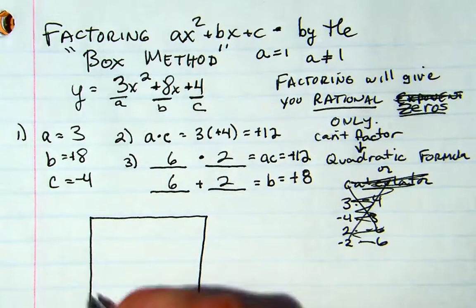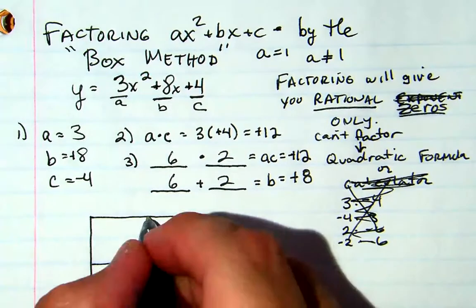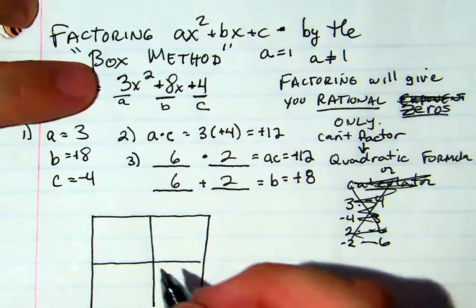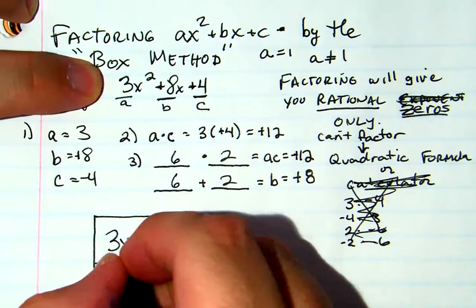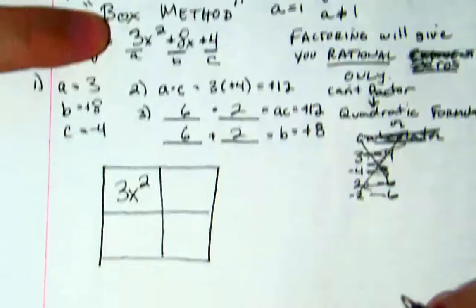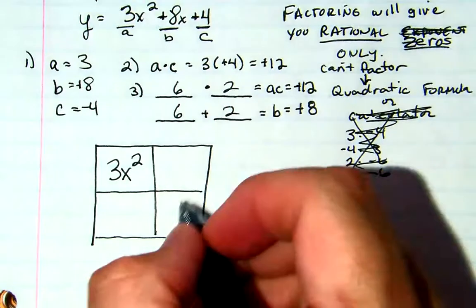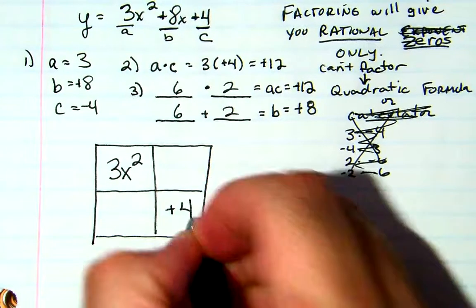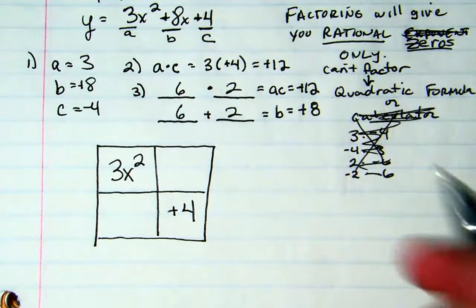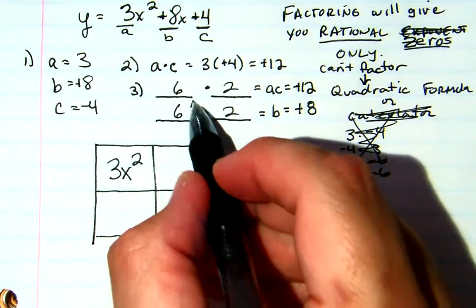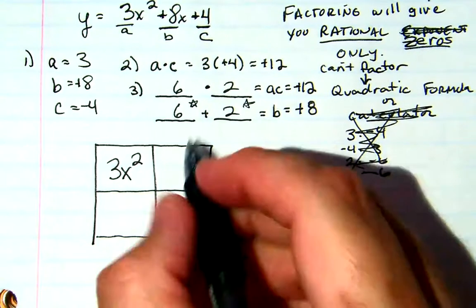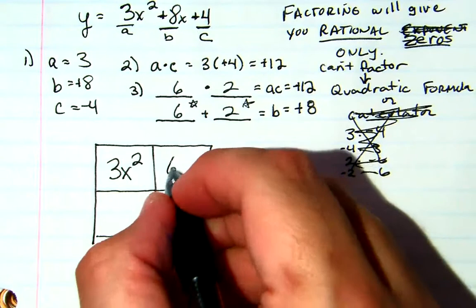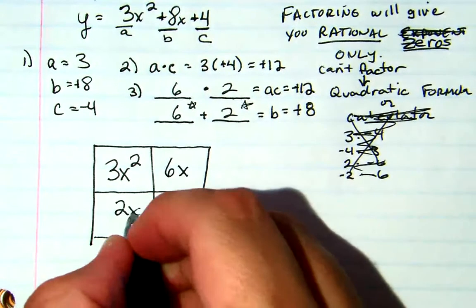I'm going to make a box. I'm going to make a box, and I'm going to take the first term, 3x squared, and put that in the first part of the box. The last term, +4, I'm going to put in the last part of the box. And now I'm going to take these two numbers, the 6 and the 2, and I'm going to say that's 6x and that's 2x.